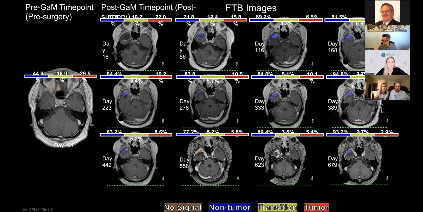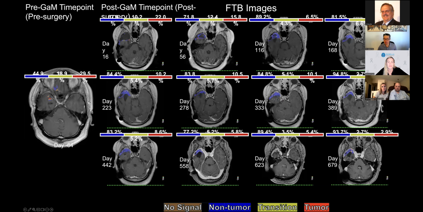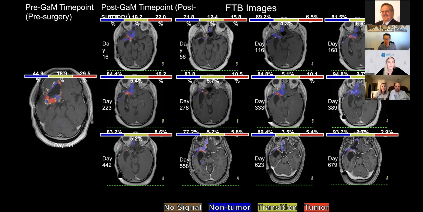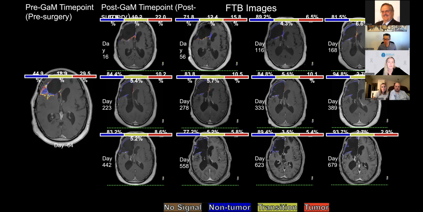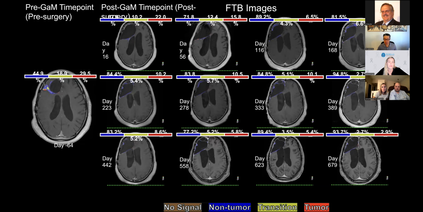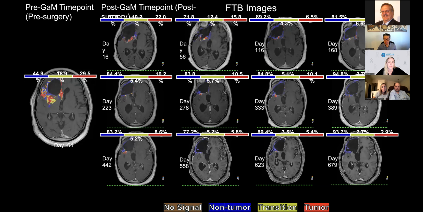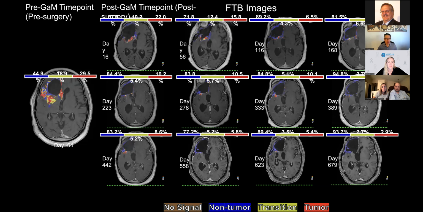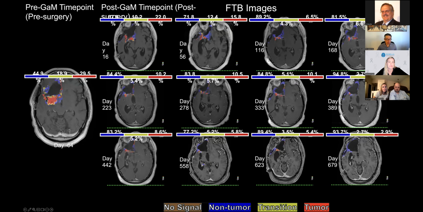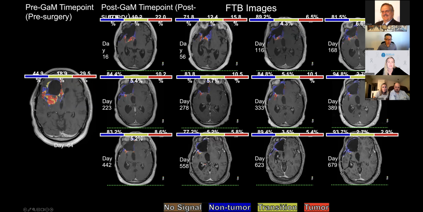And so this is basically just showing that overall this area posteriorly was predominant tumor back here at day 64.